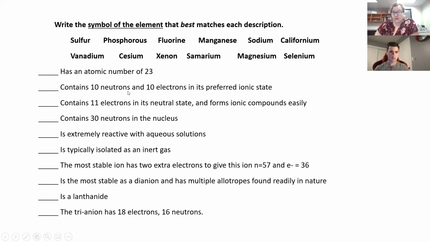So it contains 10 neutrons and 10 electrons in its preferred ionic state.